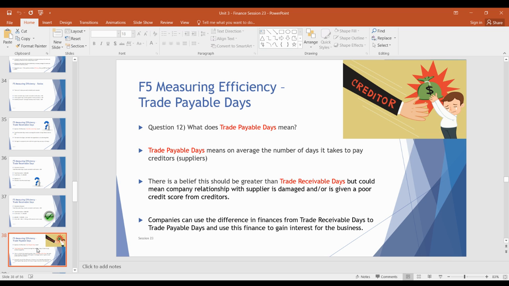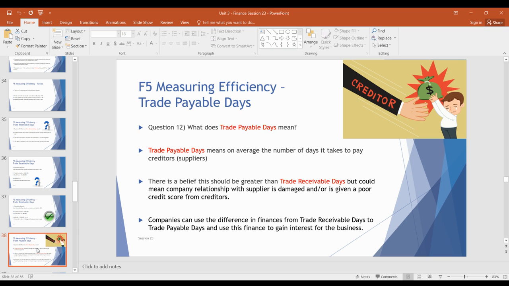There is a belief that this should be greater than trade receivable days, but it could mean a company's relationship with a supplier is damaged, or you are given a poor credit score from creditors if you pay later than your actual credit term. Companies can use the difference in finance from trade receivable days to trade payable days and use this finance to gain interest.